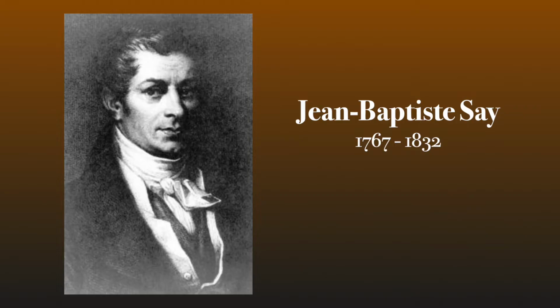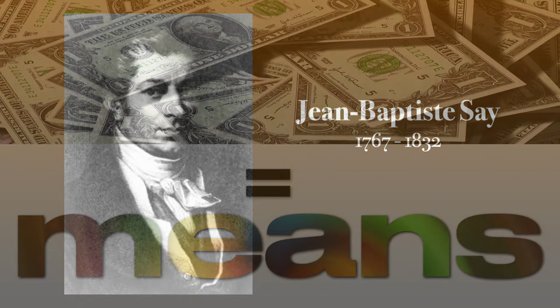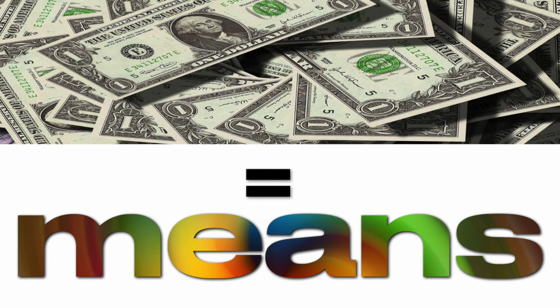According to Say, money is supply, and, like notes in the harmonic series, represents a previously generated frequency or value of goods produced in the past. In the English language, the terms money and means are interchangeable. Money is a means to an end, but it's not an end in itself.